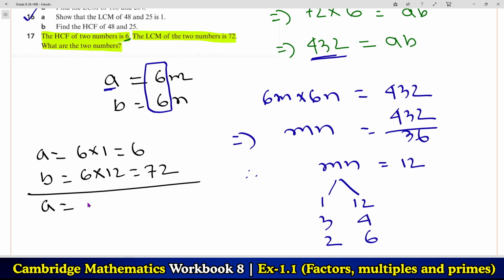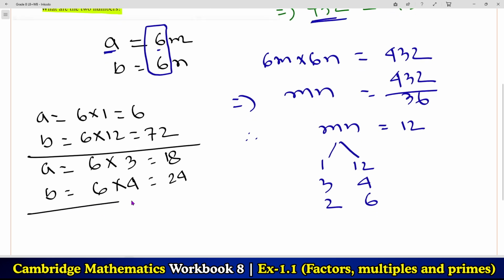Another: if m equals 3, then n equals 4, so A is 6 times 3, which means 18, and B is 6 times 4, which means 24.